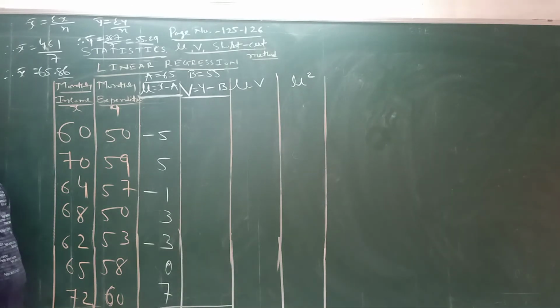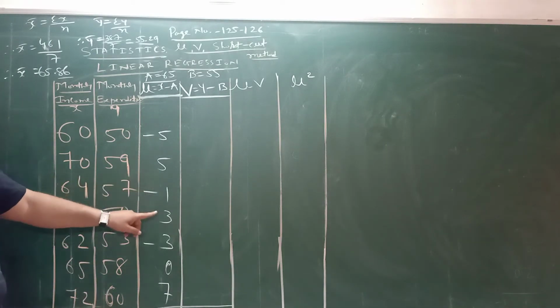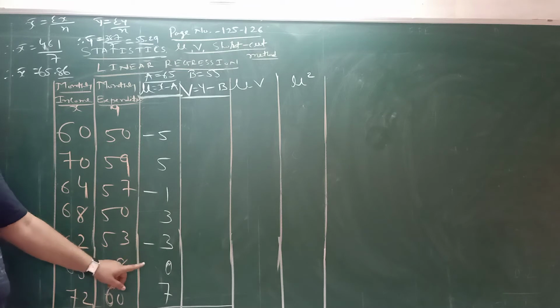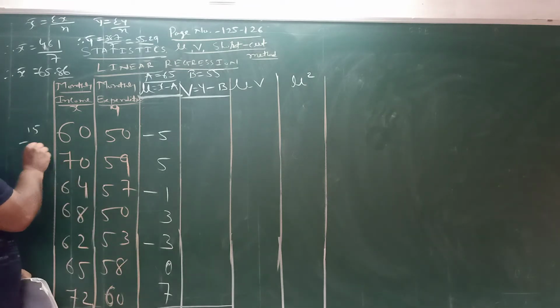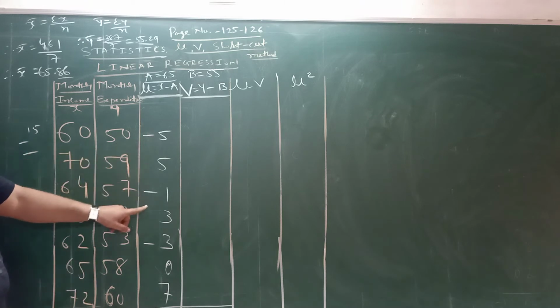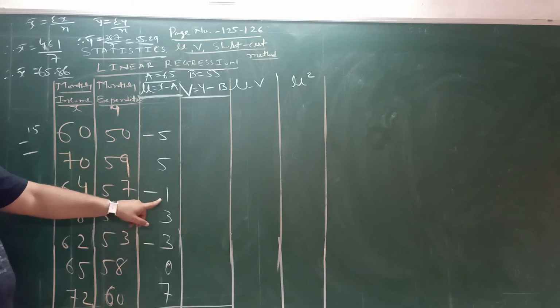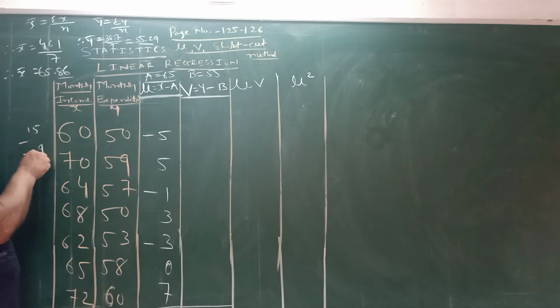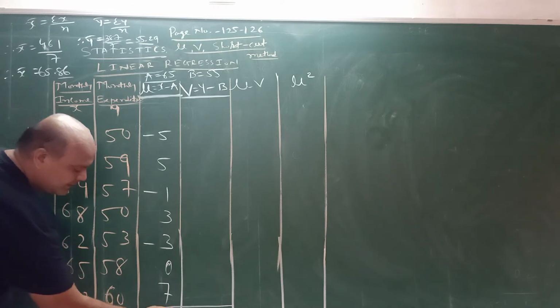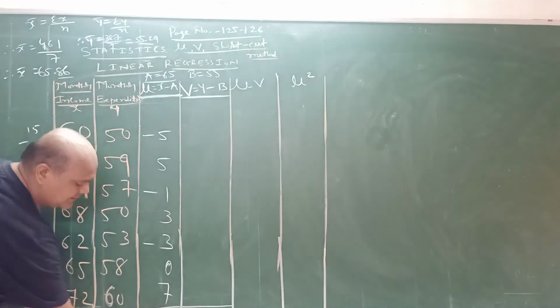Total of plus plus, minus minus: 5, 3, 8. 8 and 7, that is 15. 15 plus. And the minus is 5, 1 and 3. 3 and 1, 4. 4 plus 5, that is 9. So the final answer of sigma u is 6.